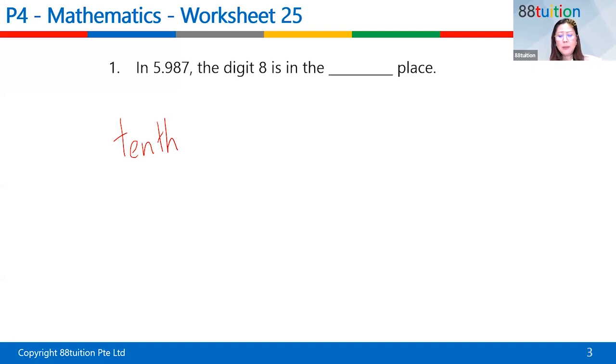I only have one answer from Wen Xing. What's the answer for this? Is it hundredths, or tenths, or thousandths? If you're too lazy to type, then can you give me 1, 2, or 3?